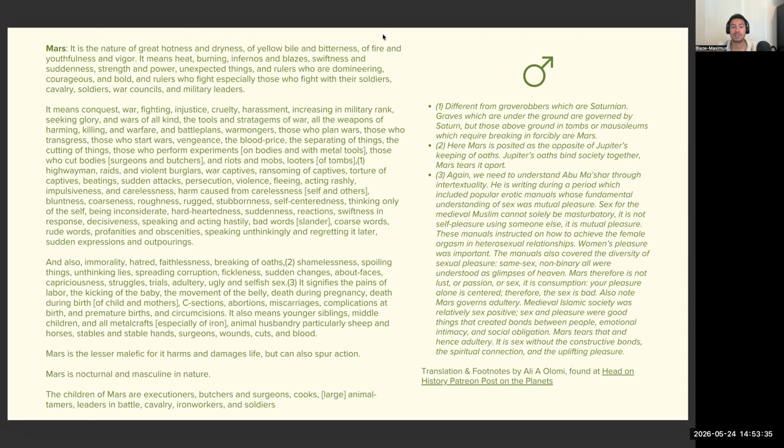It represents all sorts of beatings, sudden attacks, persecution, violence, fleeing, acting rashly, and impulsiveness, and also carelessness as well. It's harm that is caused from carelessness, either towards the self or harming others.